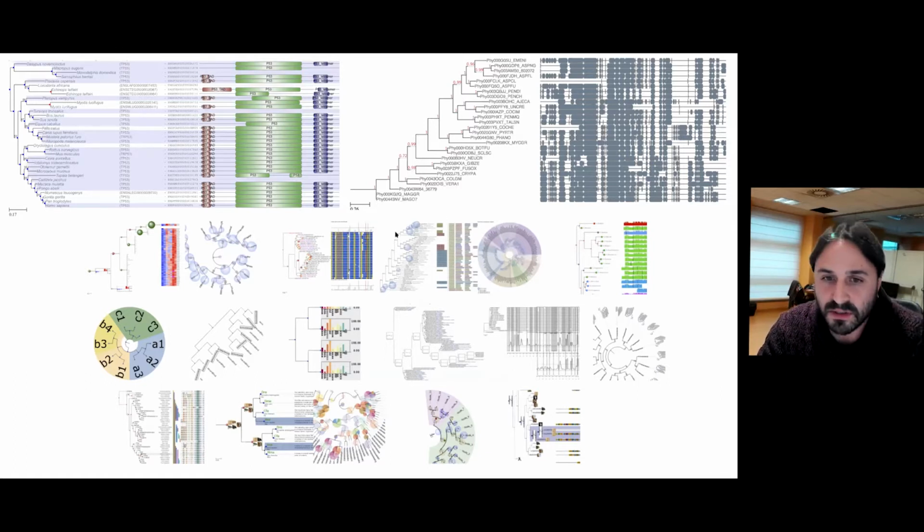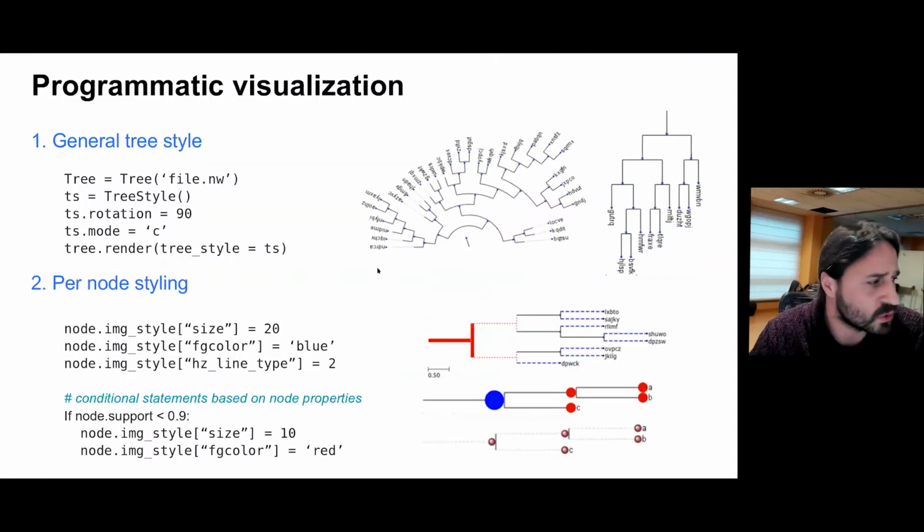All these images that you see here are generated with small scripts programmed in Python and using this language that I was mentioning. And to do so, there is a philosophy on how this visualization is organized in the ETE language. So there are three basic layers that you can use to control programmatically how the trees are being visualized.